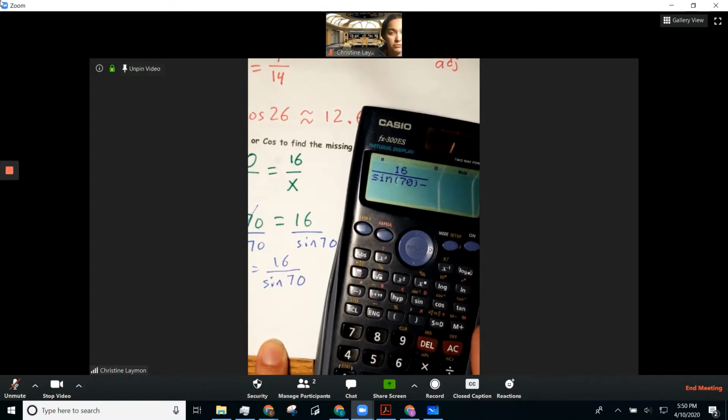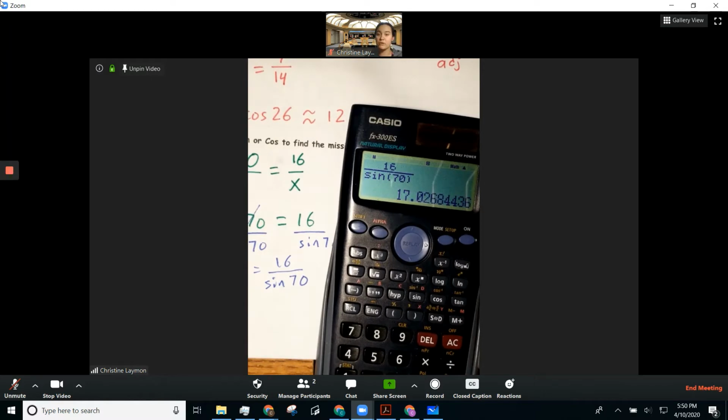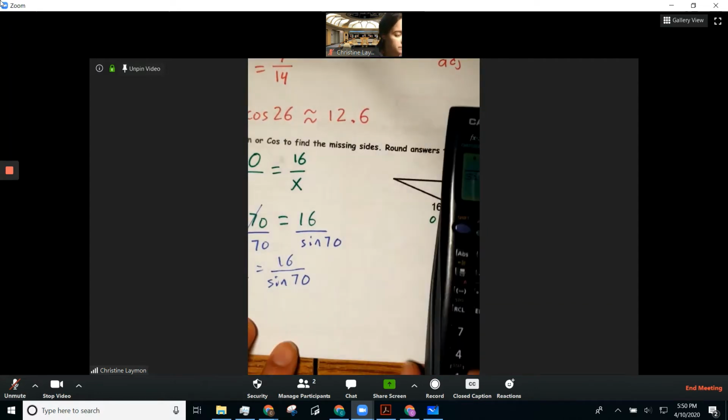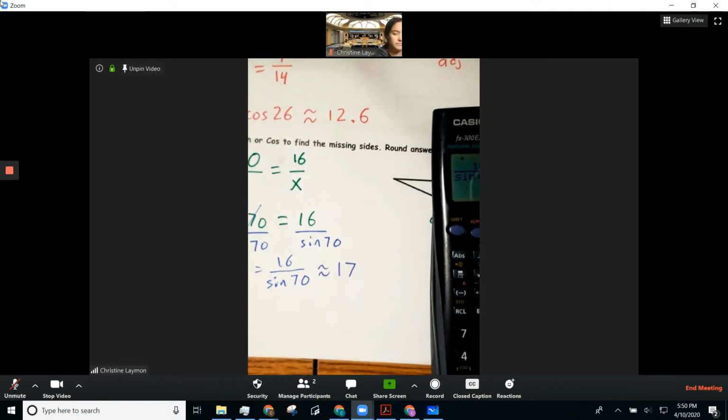I hit equals, and I get this number here, 17.02. And again, I'm rounding to the nearest tenth, so I'm just going to use 17. Again, notice that 2 is less than 5, so it keeps the number that was originally in that tenths place. 17.0 basically is 17. So x is approximately 17.